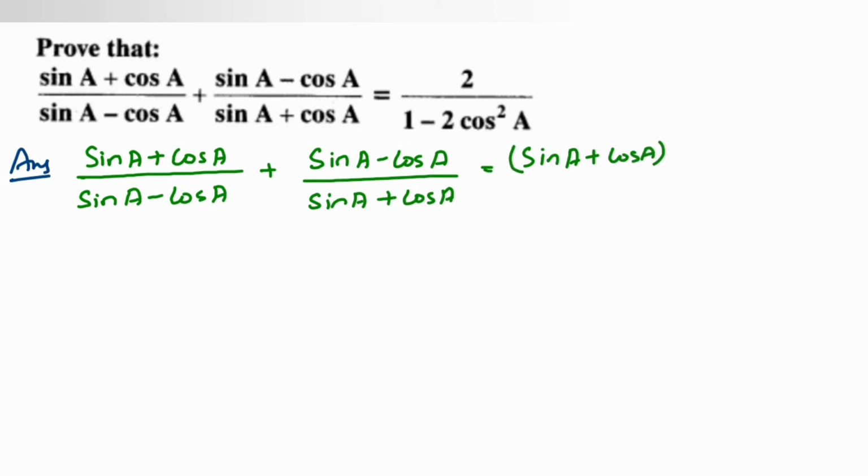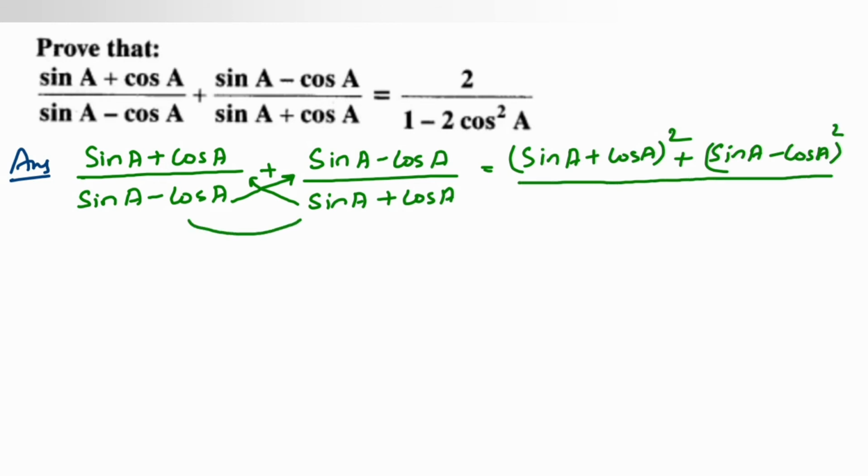Sin A plus cos A will get multiplied with the numerator of the next one. So it becomes square, plus same thing happens. So just cross multiply. We're using the butterfly method to take an LCM here. So here we'll get sin A minus cos A square. Now in the denominator just multiply these two. So this is sin A minus cos A multiplied by sin A plus cos A.